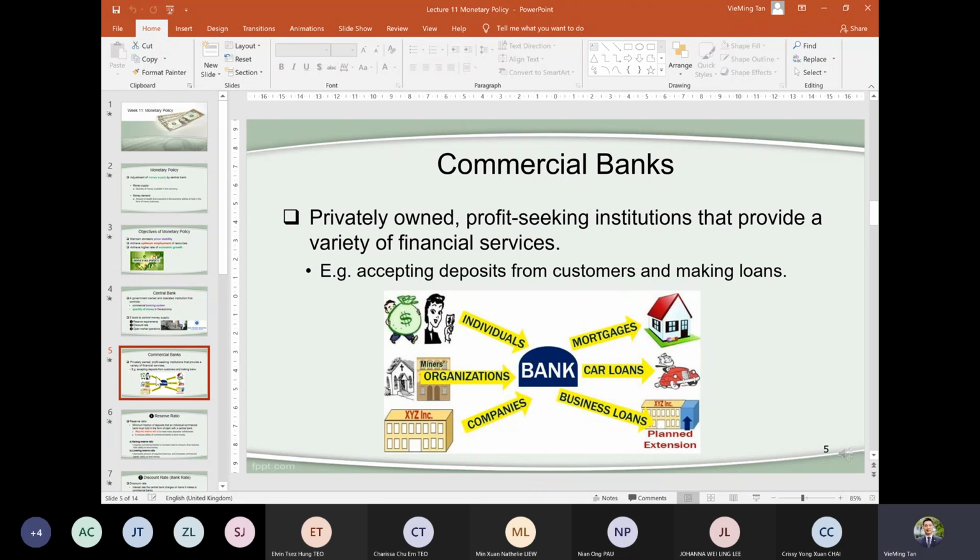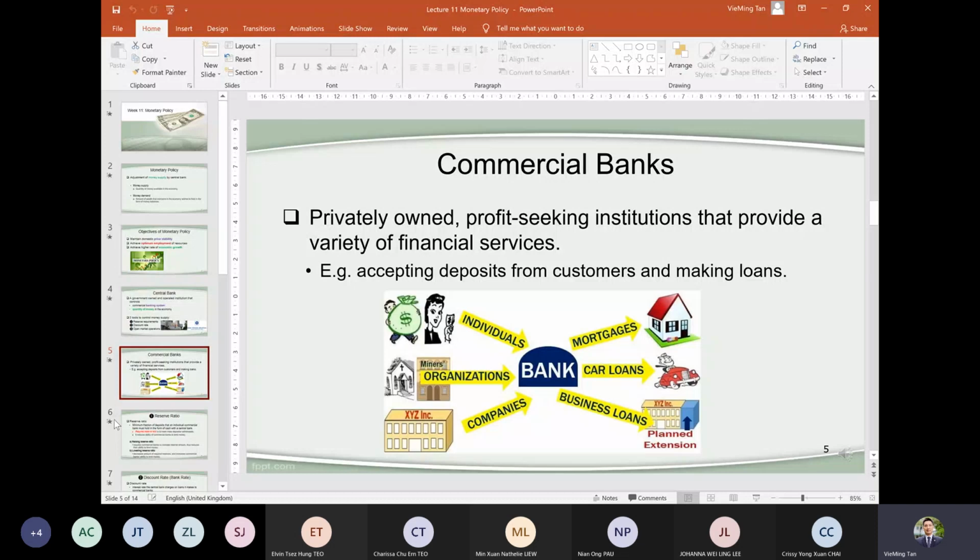So in return, those individual households and private firms can earn interest from the commercial bank if they invest or save money in it. This is how commercial banks operate. Any questions so far?